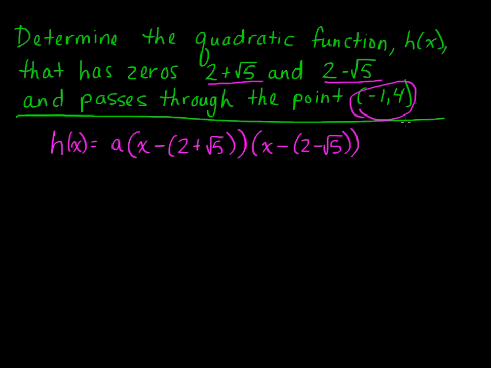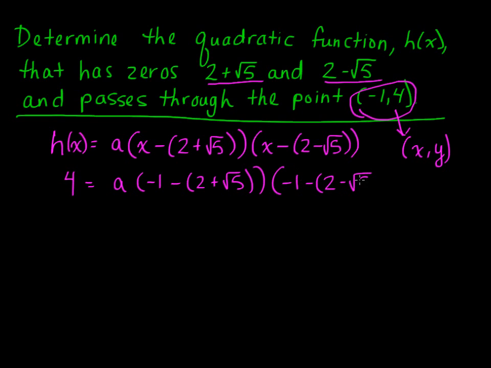And so we can use that, again, as an x and a y value in our quadratic equation. So we can substitute 4 for y and negative 1 for x. Okay. And now we just want to simplify and rearrange so that we can solve for the a value.